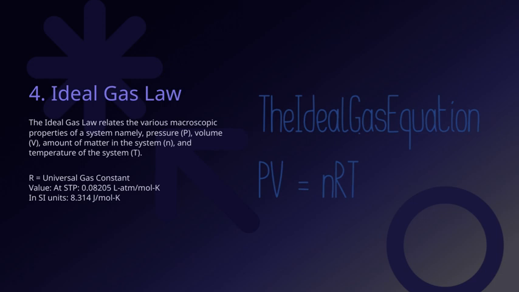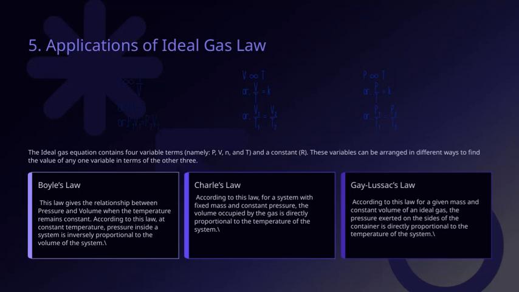It helps us predict behavior and understand relationships between these properties in various conditions. So, grasping the ideal gas law and the role of R is essential for analyzing and working with gases in real-world applications.